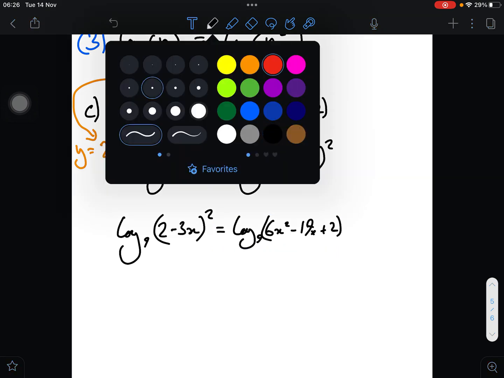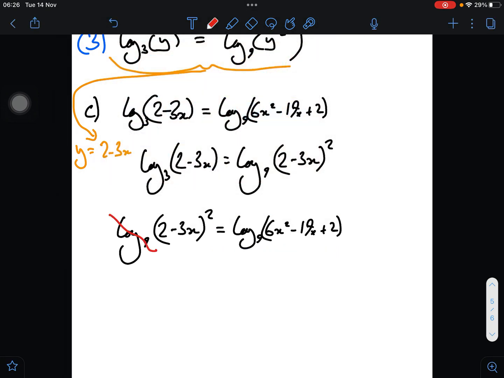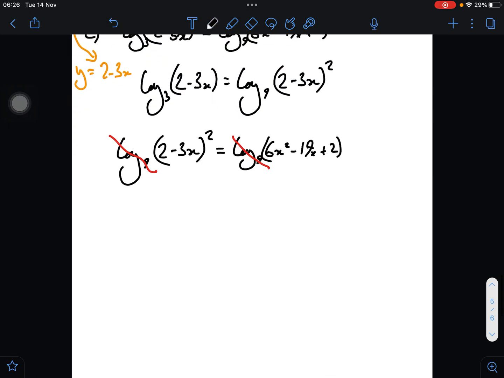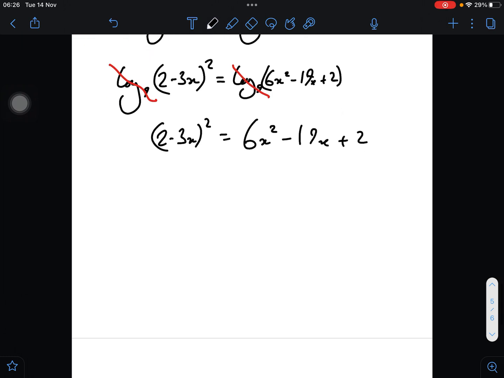Since we've got log 9 of both sides, we can cancel, and all we're left with is the inside of the brackets. So 2 minus 3x squared equals 6x squared minus 19x plus 2. So let's solve it.